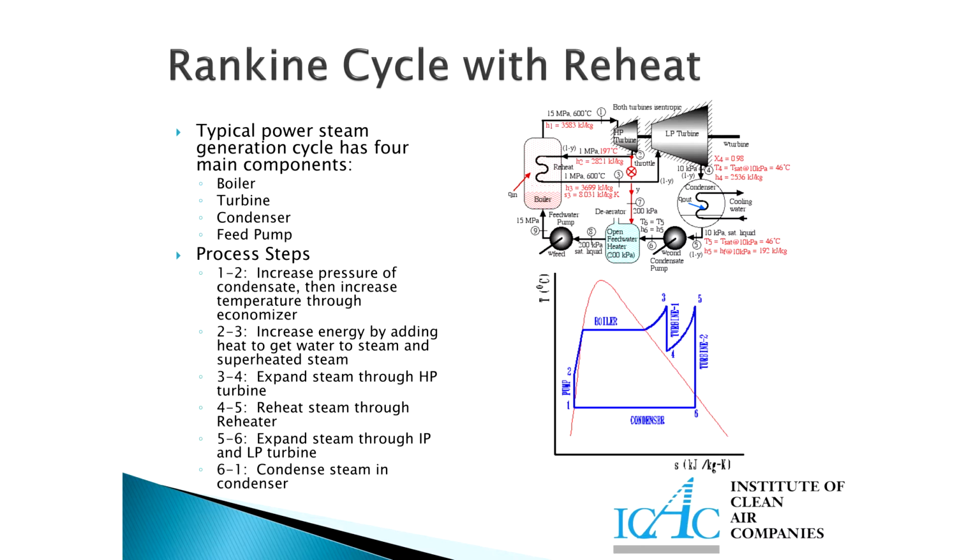The boiler, which generates the steam; the turbine, which uses the energy from the steam to turn the generator; the condenser, which takes the spent steam, which is now very low pressure and low temperature, and makes it into water; and a feed pump, which raises the pressure of the water back up again so that the cycle can start again. So it's the same schematic that I showed you before.